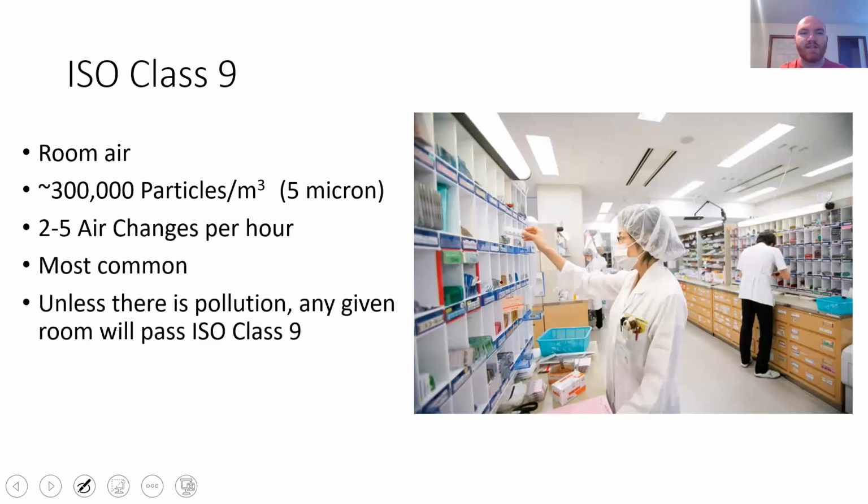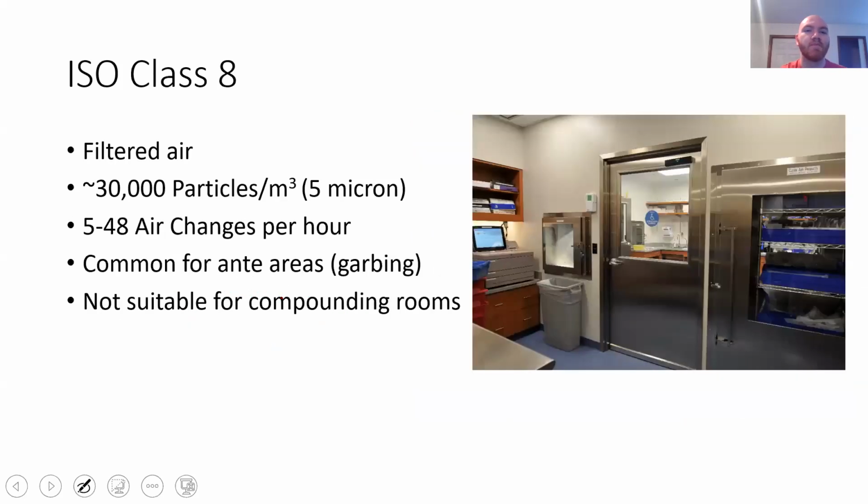So I touched on before, ISO class 9 is basically anywhere that's reasonably controlled. Unless something is really going wrong with your environment, it's going to pass an ISO 9. Part of colony growth and that kind of thing are the reasons that these won't get certified, but in terms of air cleanliness, basically anywhere is going to pass an ISO 9.